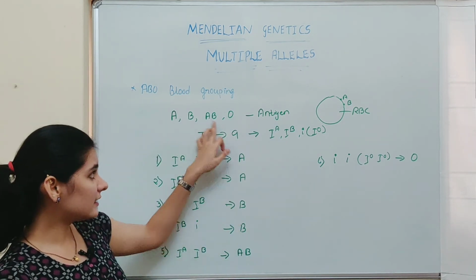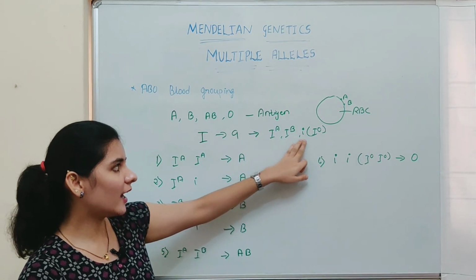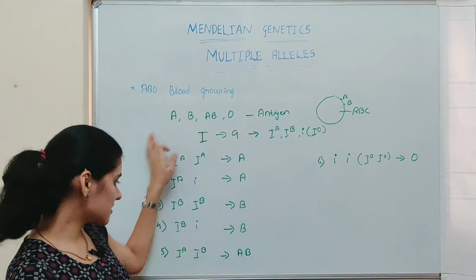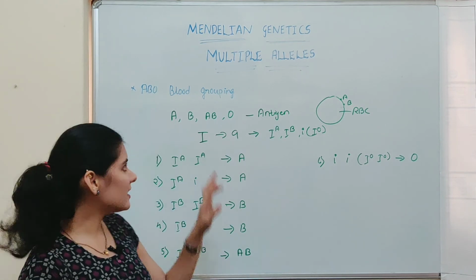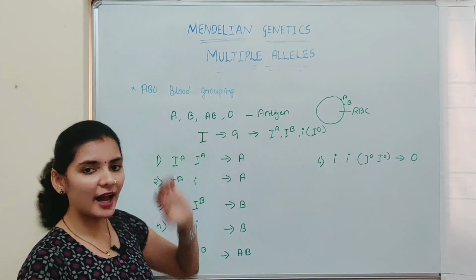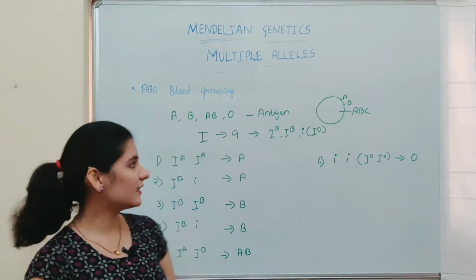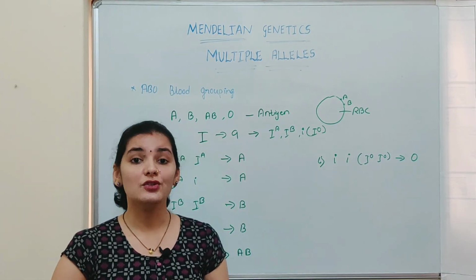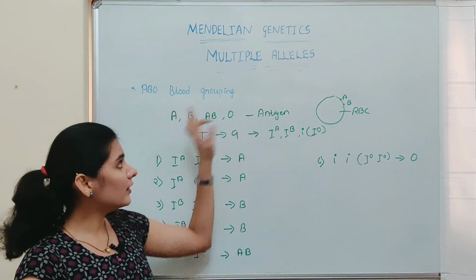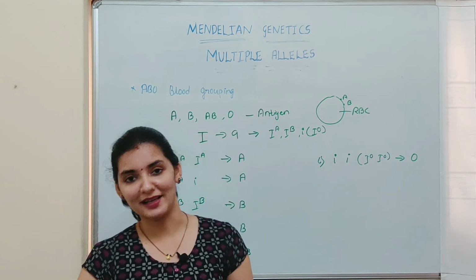Therefore, a single gene capital I having 3 alleles, that is IA, IB and i, can produce 6 genotypes which express 4 blood groups, that is A, B, AB and O, which finally control only a single character, that is ABO blood grouping in the case of human beings. So that is how ABO blood grouping is an example for multiple alleles or multiple allelism.